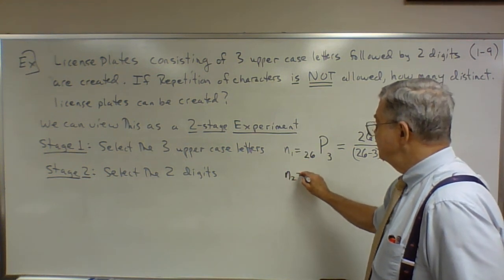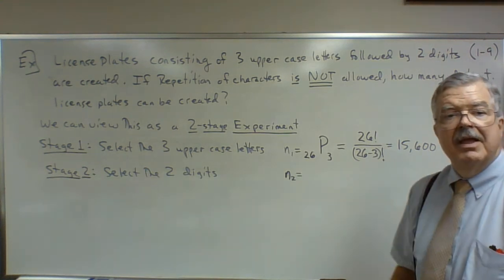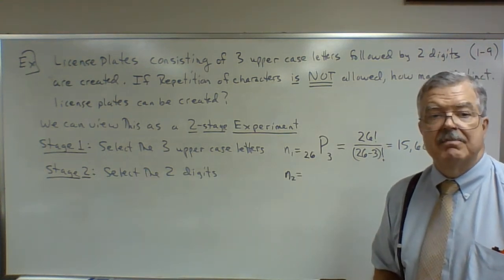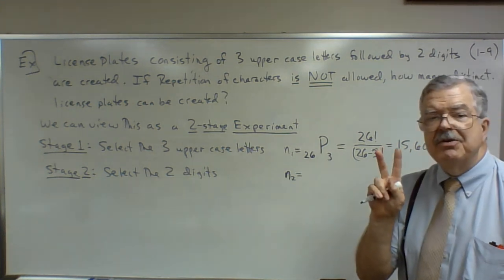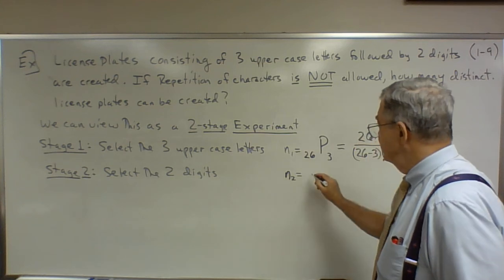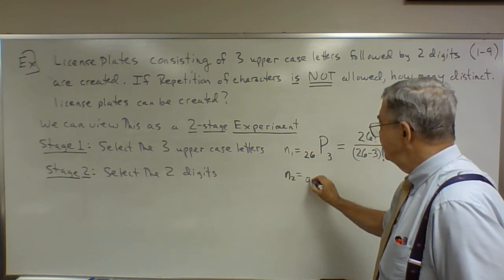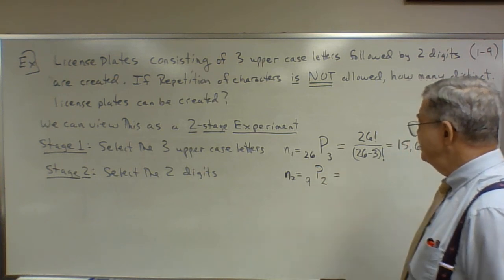Now the second stage, we select 2 digits. Can those digits be repeated? No. So we're selecting 2 different numbers from a set of 9 numbers. That's a permutation of 9 digits selected 2 at a time.